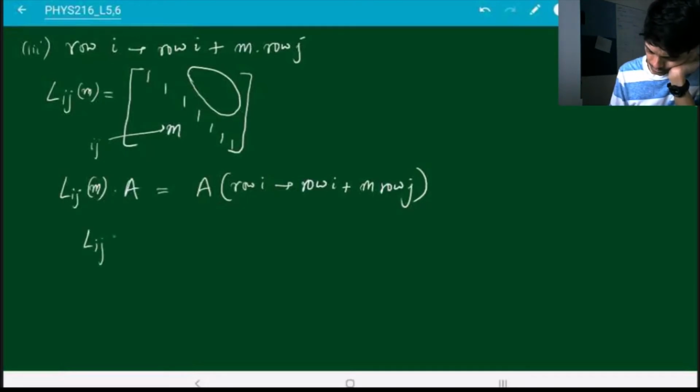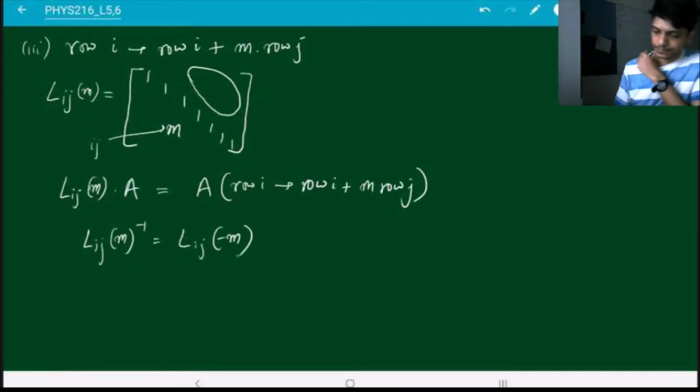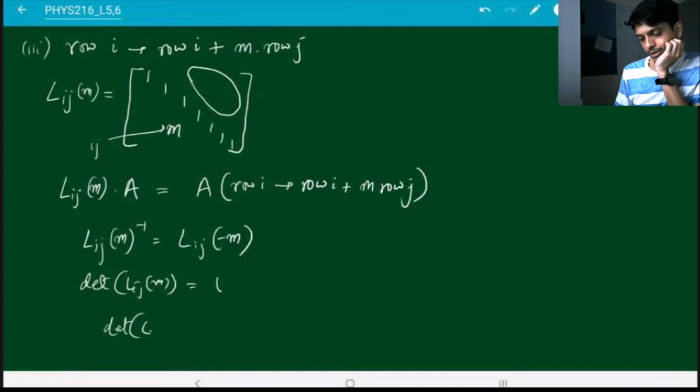If I take the inverse of L_ij(m), this is L_ij of minus m. You can work it out and see. And the determinant of this matrix is just 1. So operating this on a matrix A does not really change the determinant of the matrix at all.